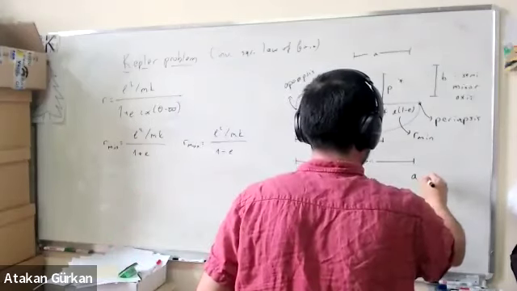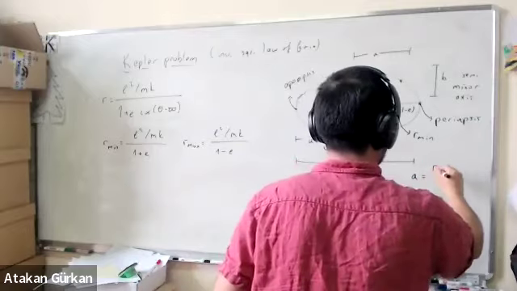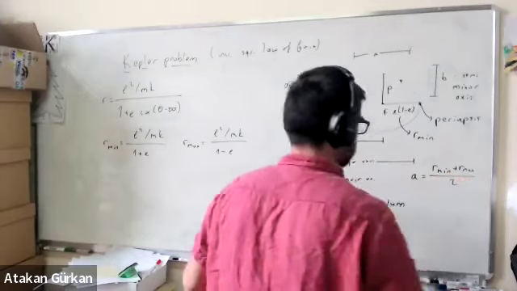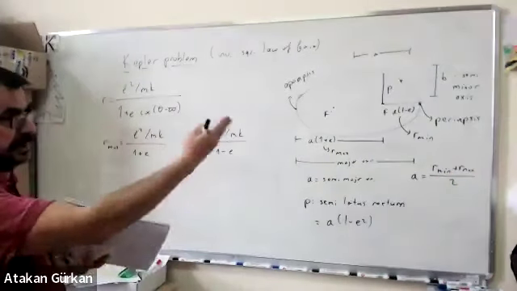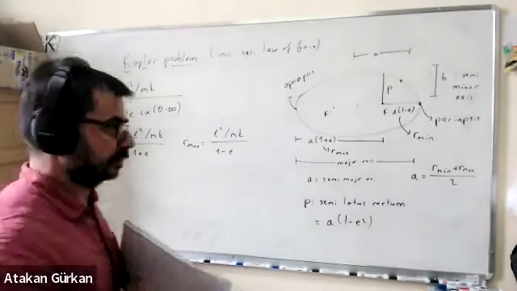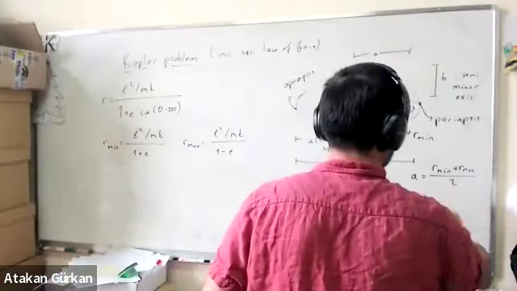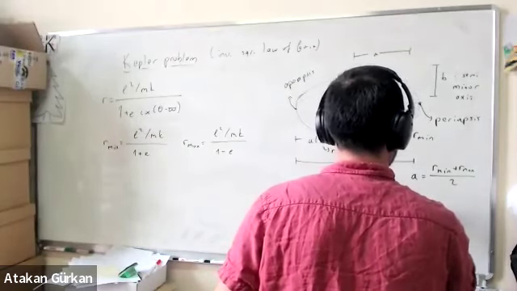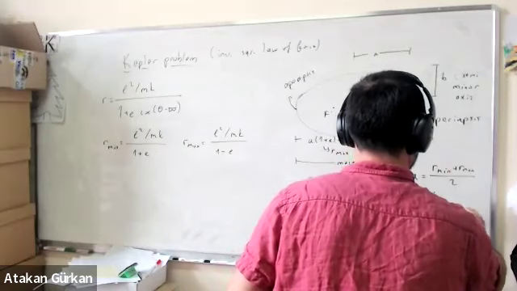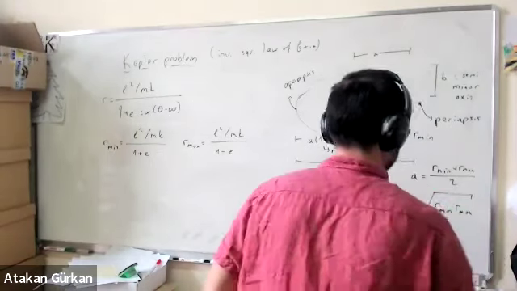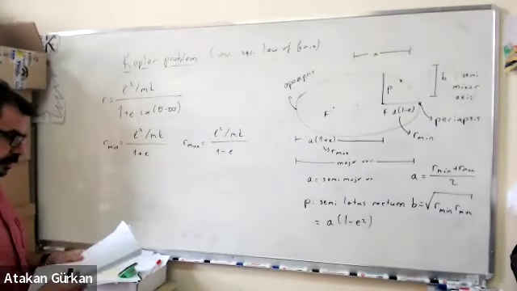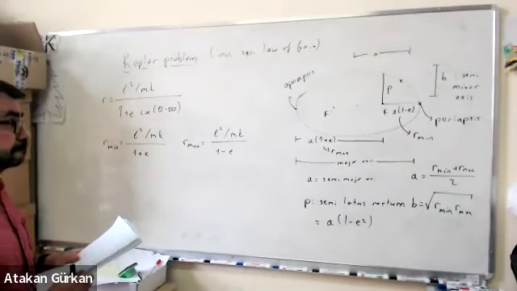First of all, A, the semi-major axis, is going to be R min plus R max over 2. It's a known property of the ellipse, and it just immediately follows. You just add these up. Something not so well known is that this is the arithmetic mean, and the semi-minor axis is the geometric mean. That's a property of the ellipse. It can be shown, but I'm not going to bother proving any of these results.